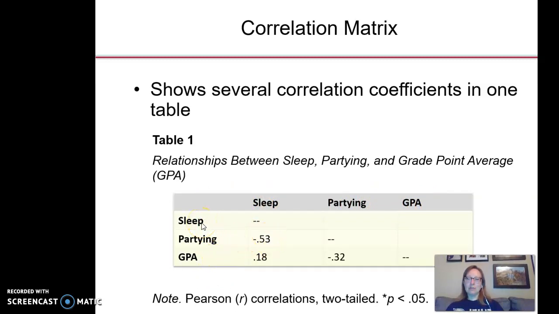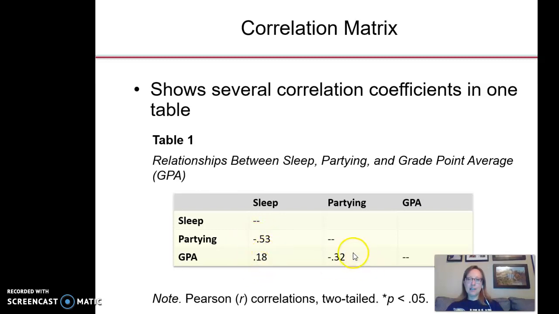So if we had three concepts we were interested in studying, let's say the amount of sleep people get, how much partying they're doing, and their grade point average, we could look at the relationship for each pair of factors and get a correlation for each set. So in this table, each of these values is a correlation value, also known as a coefficient.